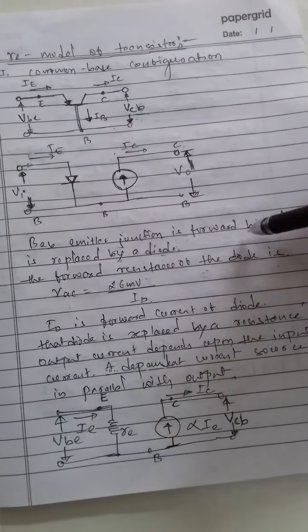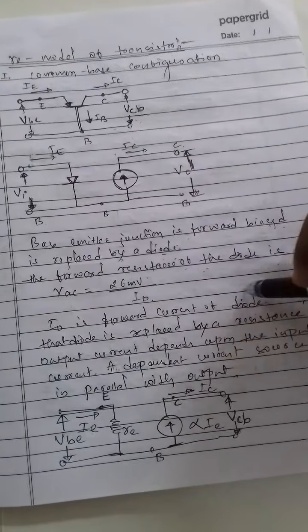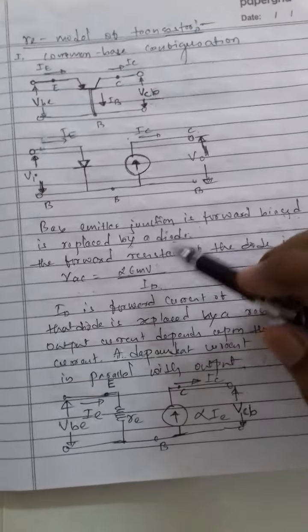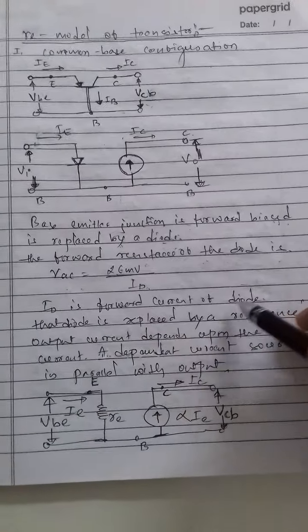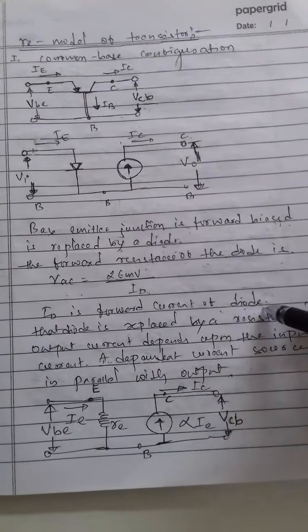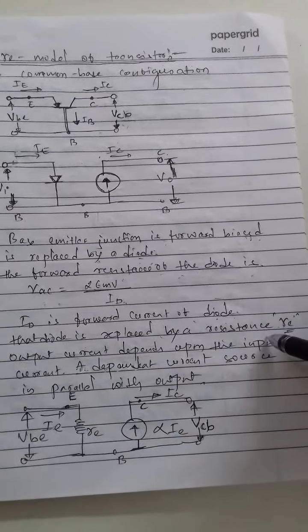The base emitter junction is forward biased and is replaced by a diode. The forward resistance of the diode is equal to 26 millivolts upon ID, where ID is the forward current of the diode. That diode is replaced by a resistance re.